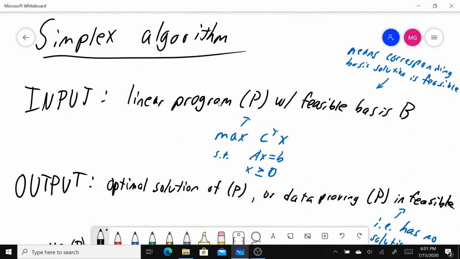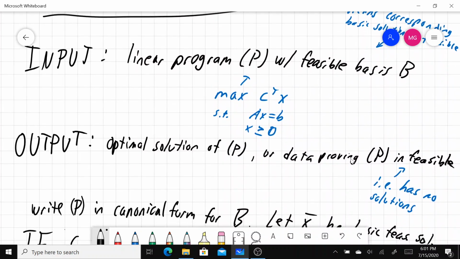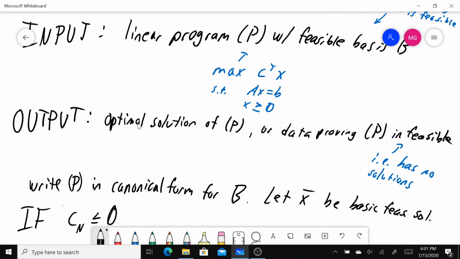So that's our input, and the output is either an optimal solution or data proving that the linear program is infeasible. What I should really be saying is data proving that it's unbounded. This is fundamentally the wrong word to be using here. Infeasible means that there are no solutions at all.